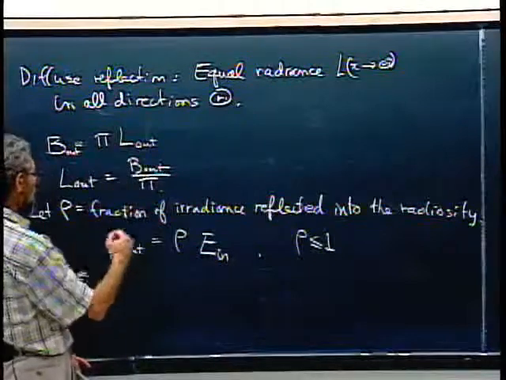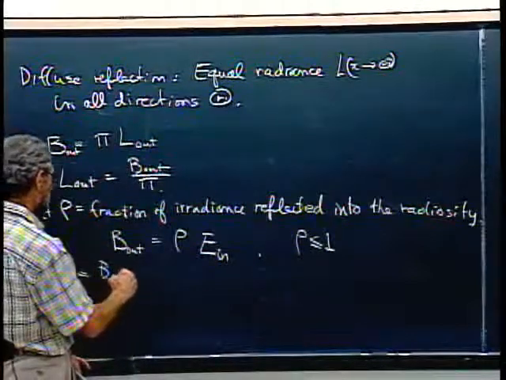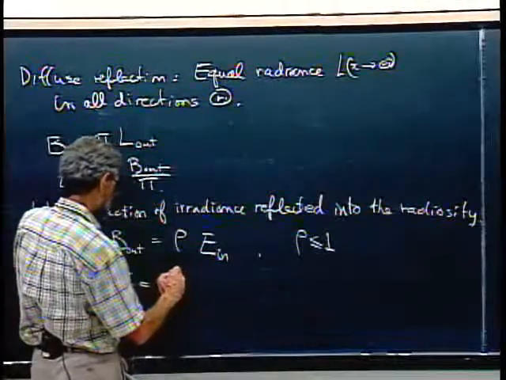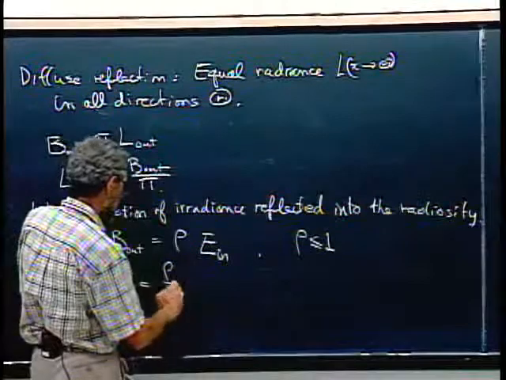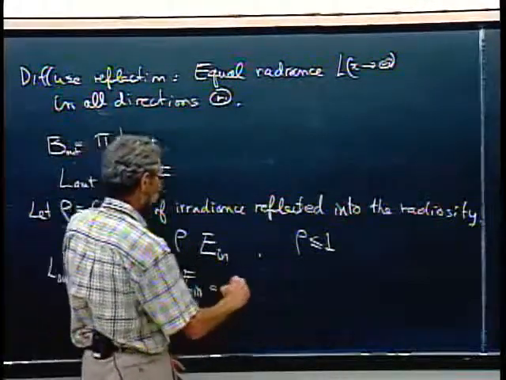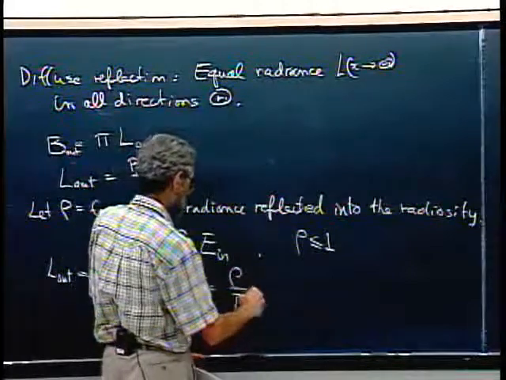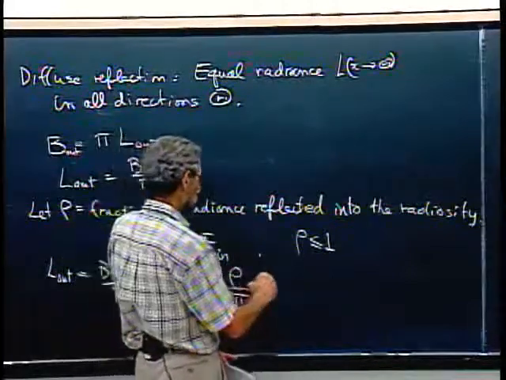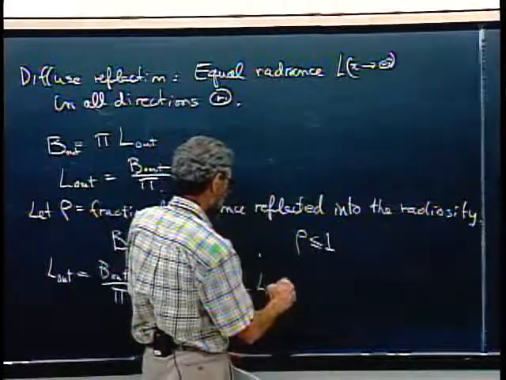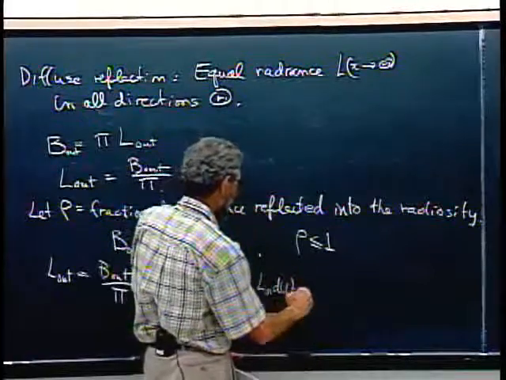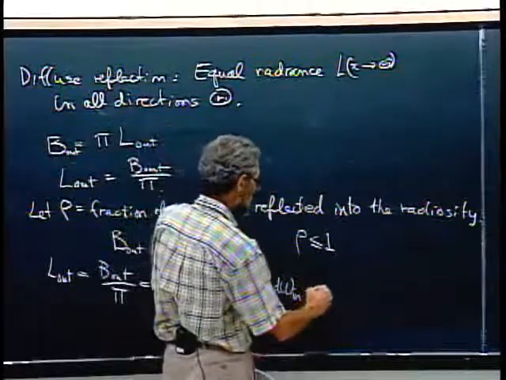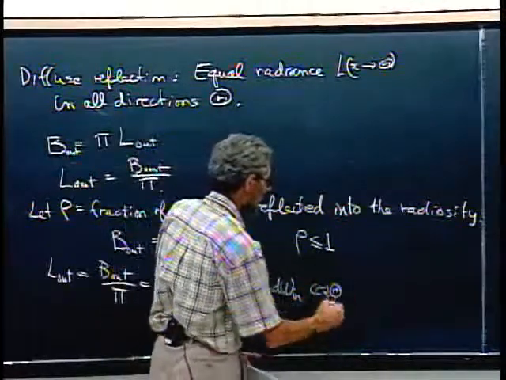L out is B out over pi, which is just rho over pi times E in, or we can write it as rho over pi times the flux coming in and the solid angle. Right, so now this is a flux per unit area normal to the beam, and then we can write it times cosine theta.